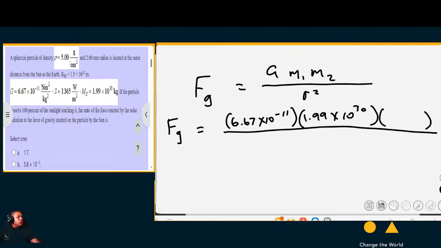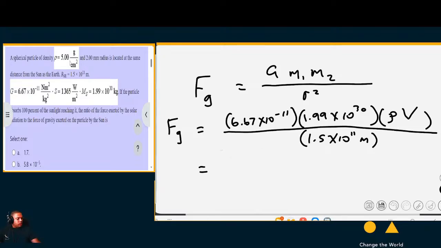Therefore, density multiplied by volume should be equal to the mass. And the distance between them is 1.5 times 10 to the 11 meters. I did this on a separate piece of paper.